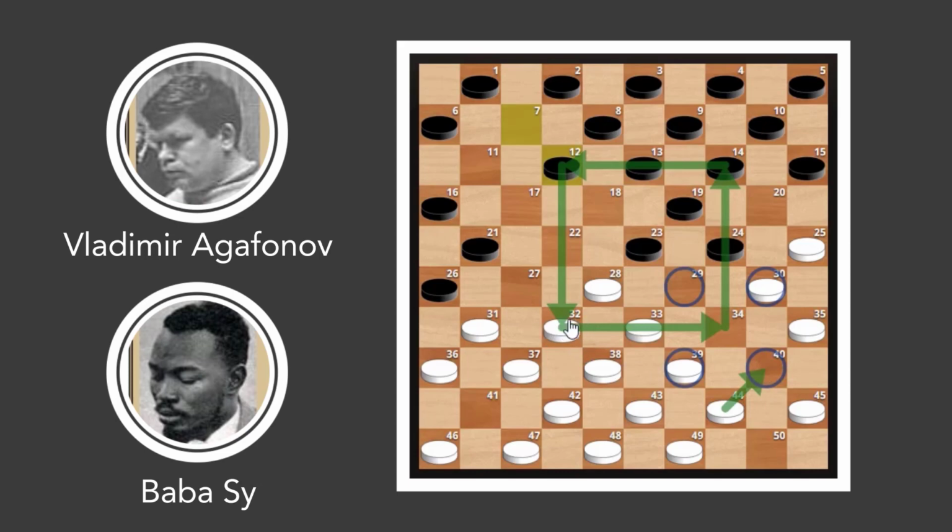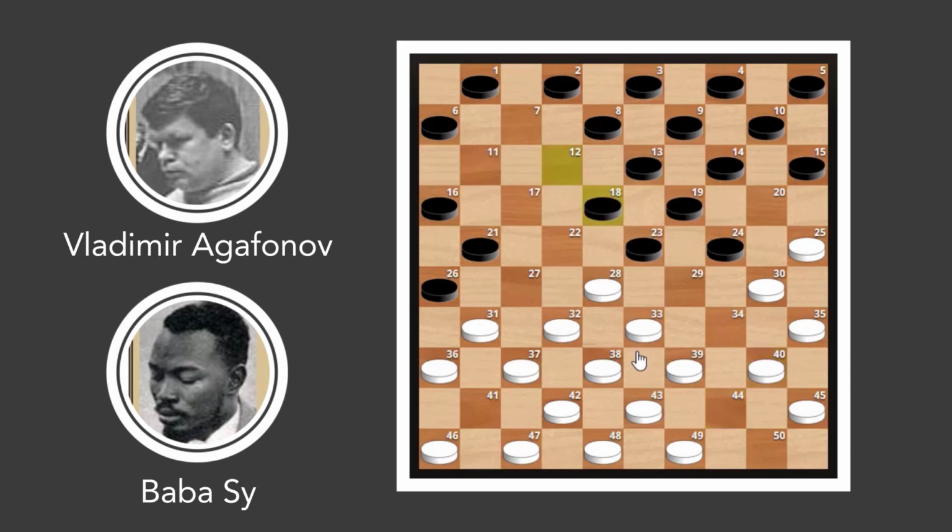If you look at the vertex at 32, we have 37 and then 38. They are all occupied by pieces. But if you come to the vertex at 34, we have one vertex here that is empty, which is 40. So we need to take control of 40. We need to play 40. So Babasai played 44-40.